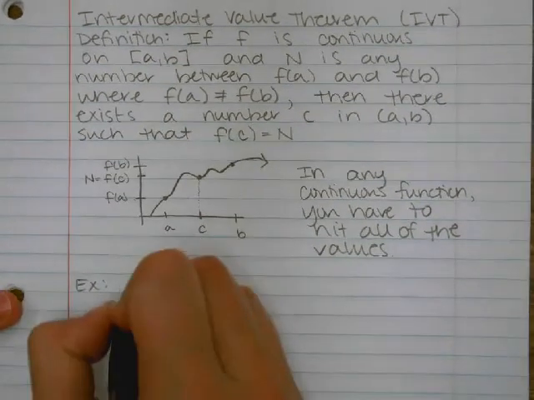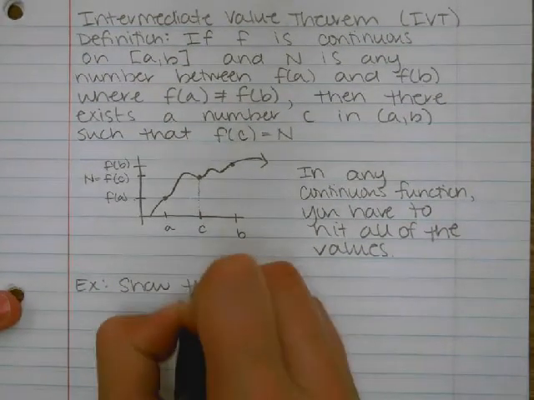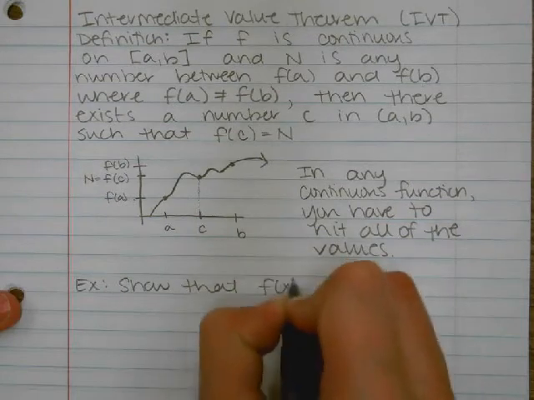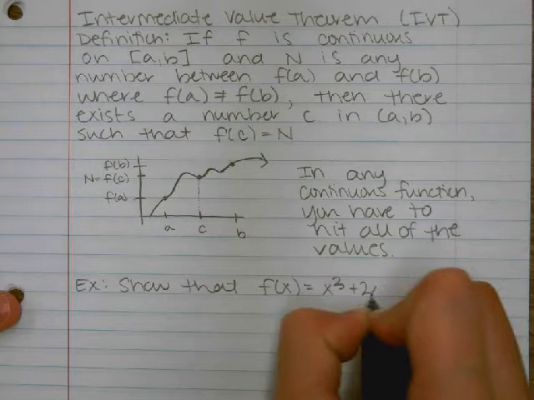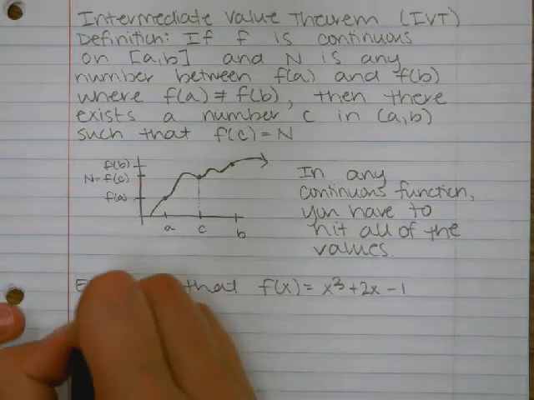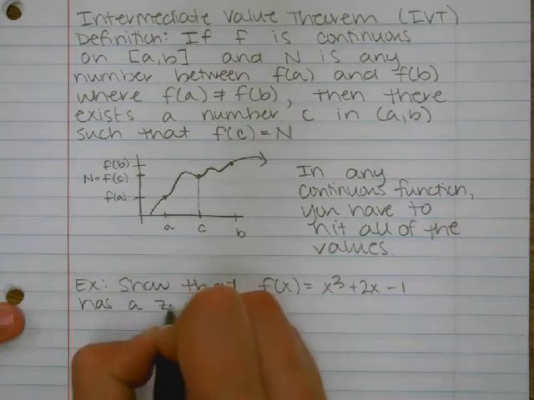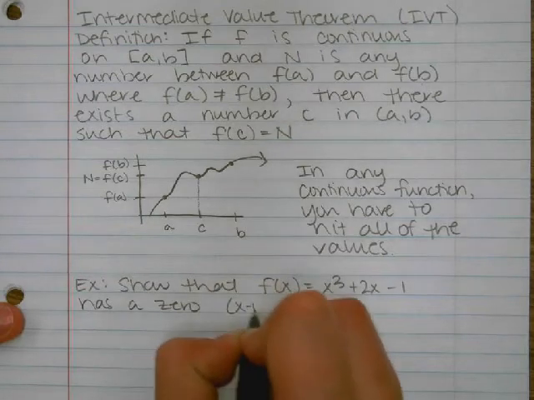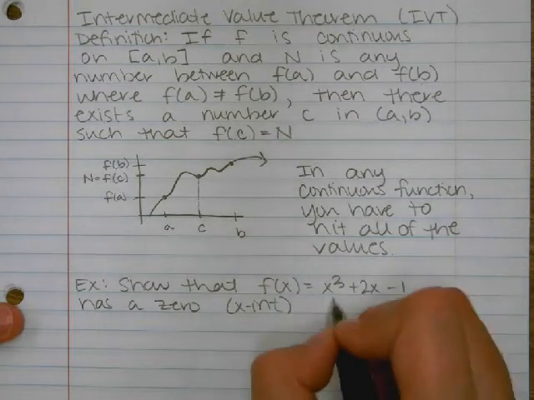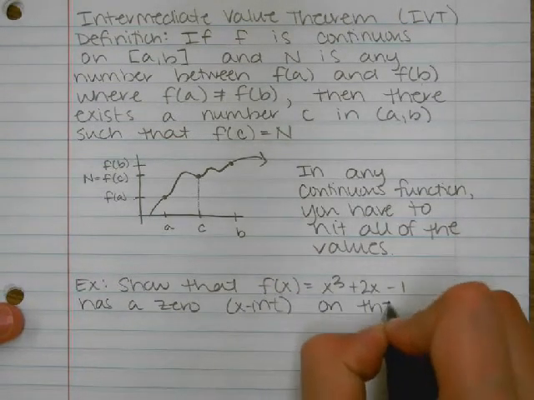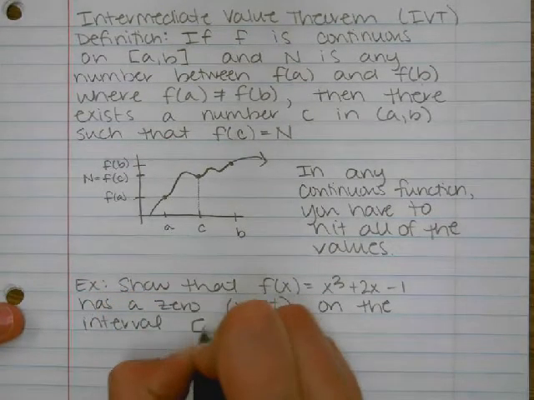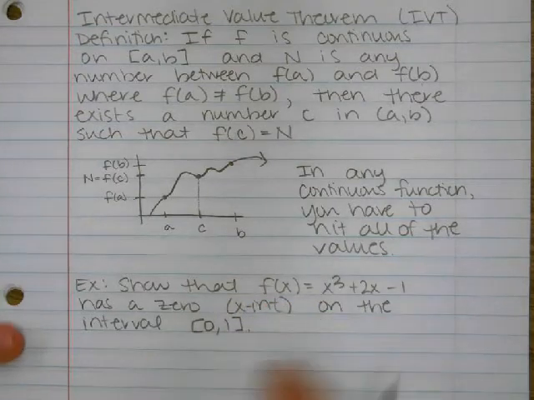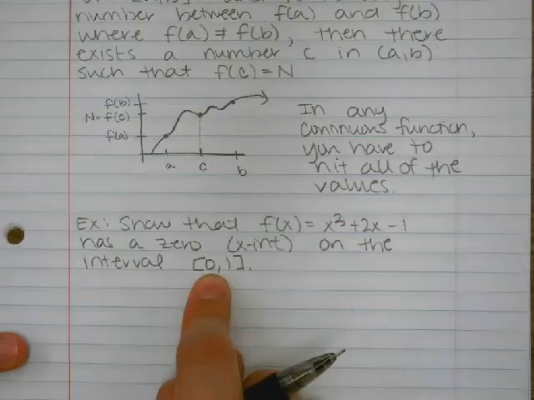For example, we're going to show that f of x, the function x to the third plus 2x minus 1, has a 0, which is another name for x-intercept, on the interval (0, 1). Those are the x values that are in between.